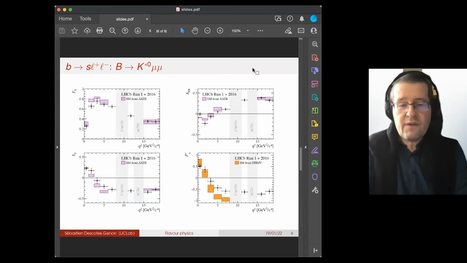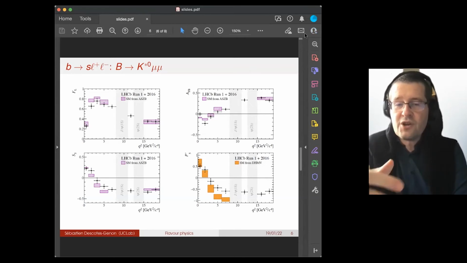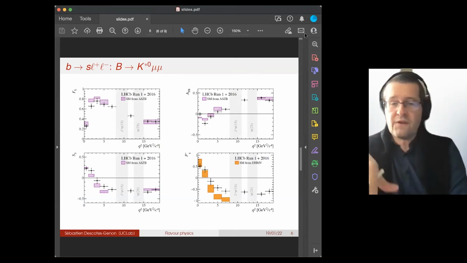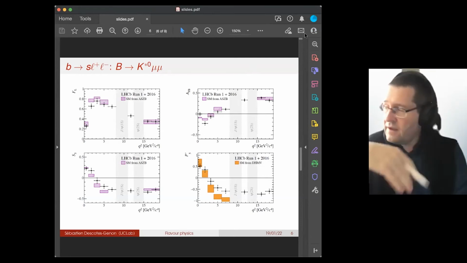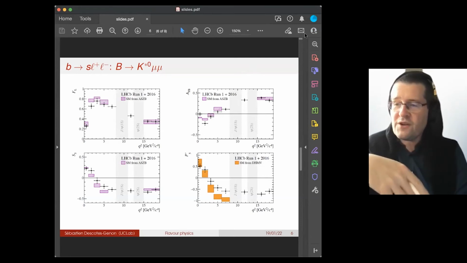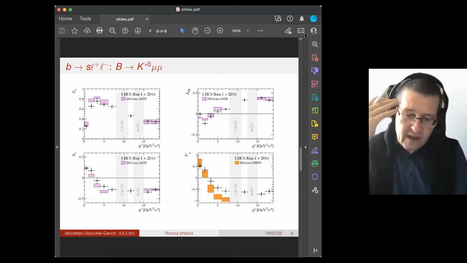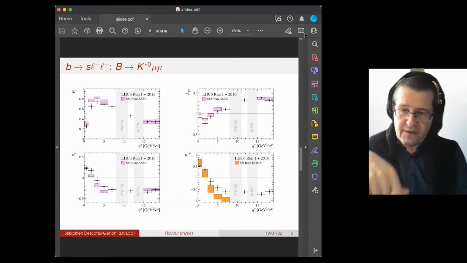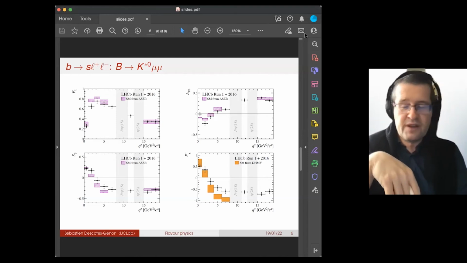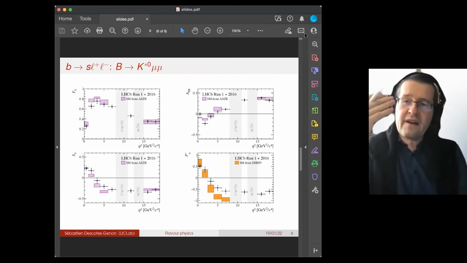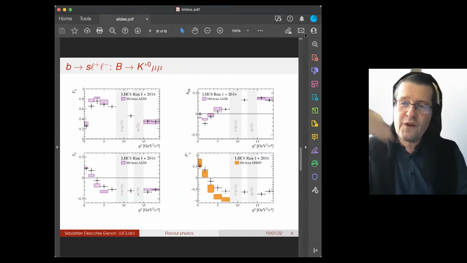But that's telling you that there is more to dig in terms of deviations or absence of deviations from the standard model. And once again, I emphasize that the fact that you have deviations only for some of the observables, but not for others, is giving you directions to look for new physics. Exactly like before in the case of B2D, B2D star, I said I have something concerning the branching ratio, but nothing about the geometry.